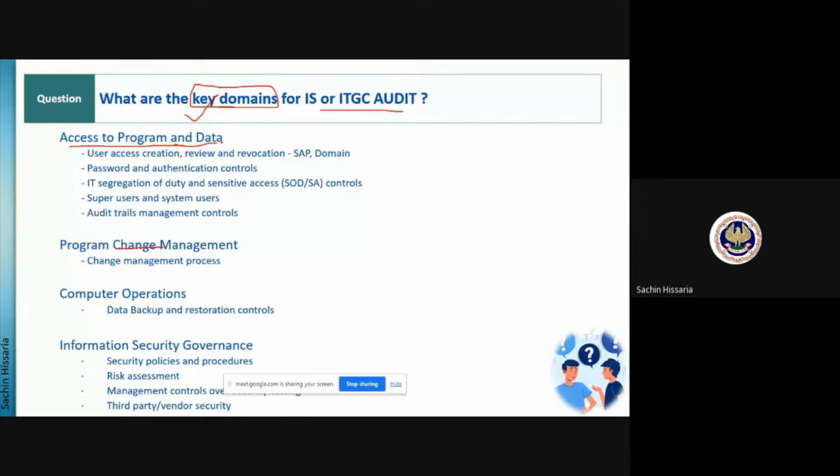This domain talks about user access control and logical access control that we verify as an auditor. In this domain, we verify certain processes like the user access creation process, the process of user access review, and the process of user revocation.